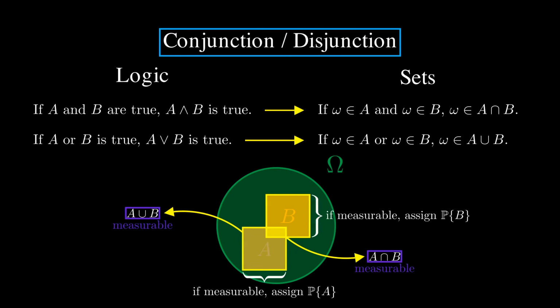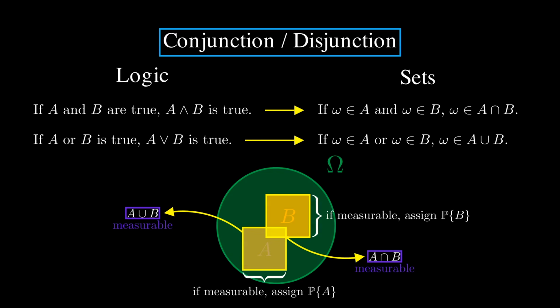So far, we can combine finitely many sets, but we also need to handle countably many sets because we want to reason about sequences and limits. For example, if we toss a coin repeatedly, we want to ask, what's the probability that I'll eventually get at least one head?